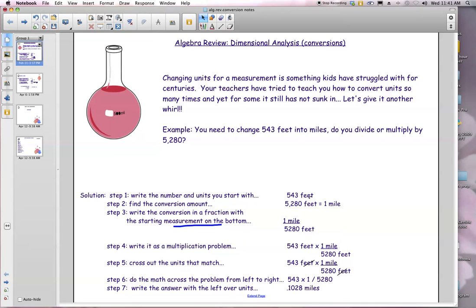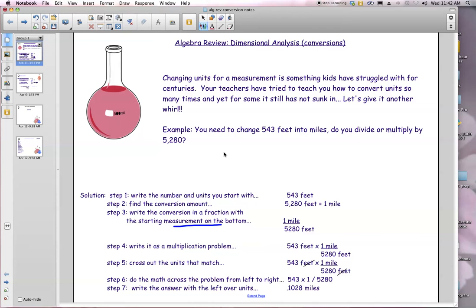One of the things that you need to pay attention to is, for example, if it is feet squared, or excuse me, square feet, if we were changing 543... this is not working. It does not want to go, does it? I'm trying some buttons on my calculator, trying to get us to the next screen. It simply does not want to go.